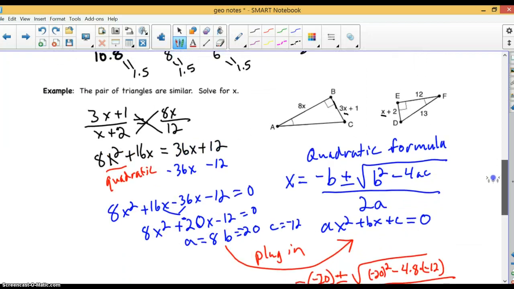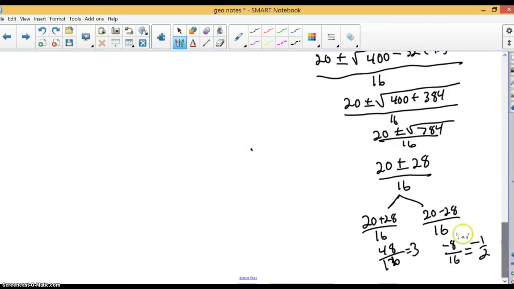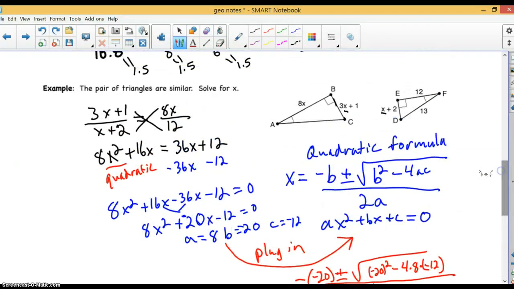Now if we plug those back in, if we take that negative 1/2 and plug it in for x here, we get a side length of negative 4, which just does not work. We can't have negative side lengths.